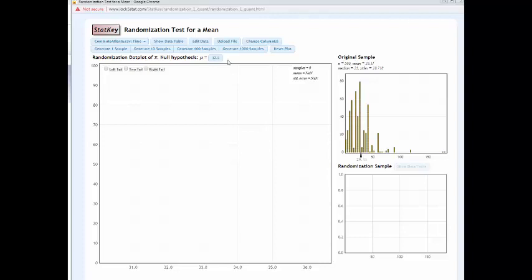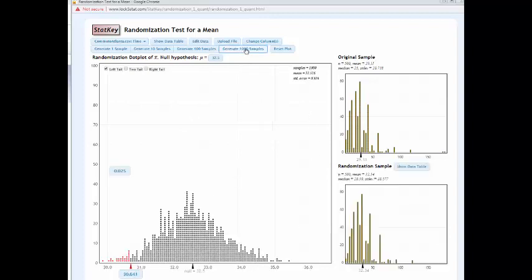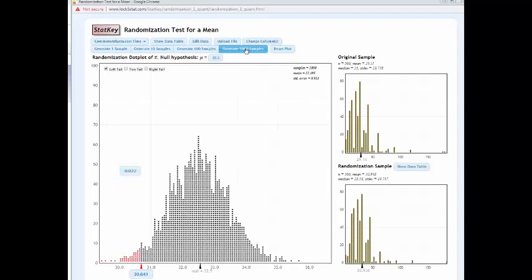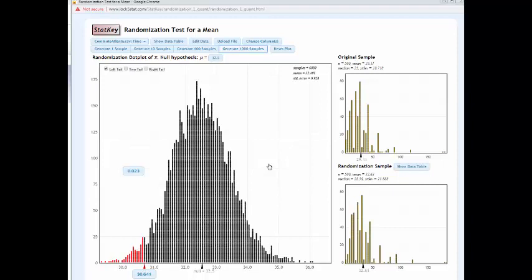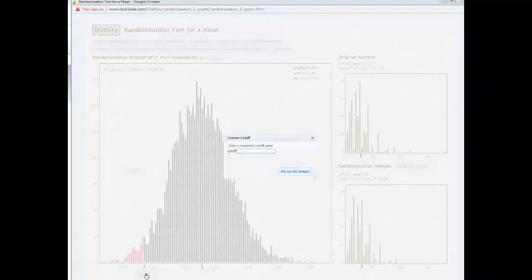So let's say we use the null hypothesis that the mean is 32.5, and we'll take a left-tailed test. The alternative is that it's less than 32.5. So we can generate our randomization distribution, and see what happens with a value of 29.11.